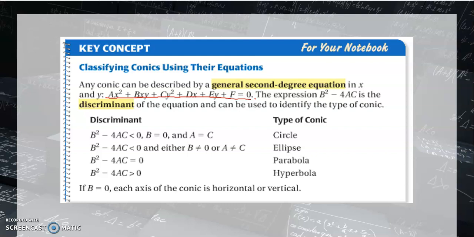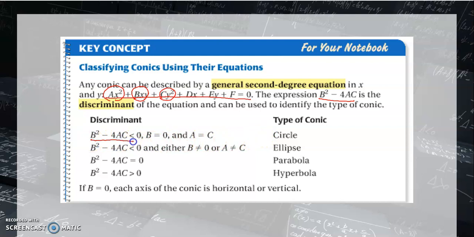The expression b squared minus 4ac is the discriminant of the equation and can be used to identify the type of conic. So in here, the most important parts that you have to identify are the ax squared, bxy, and cy squared, because the numerical coefficients of these terms are very important for you to be able to solve for the discriminant. So here are the conditions on the discriminant.